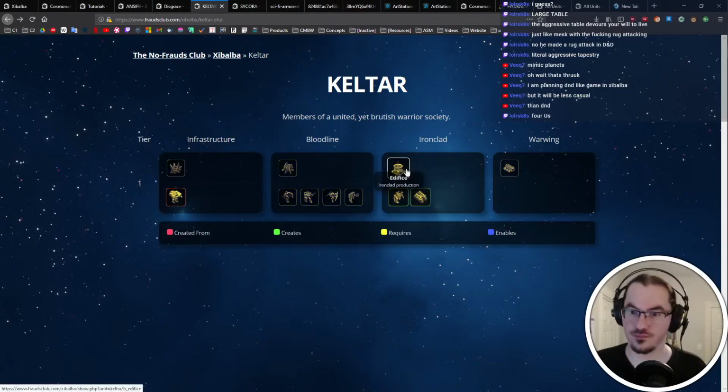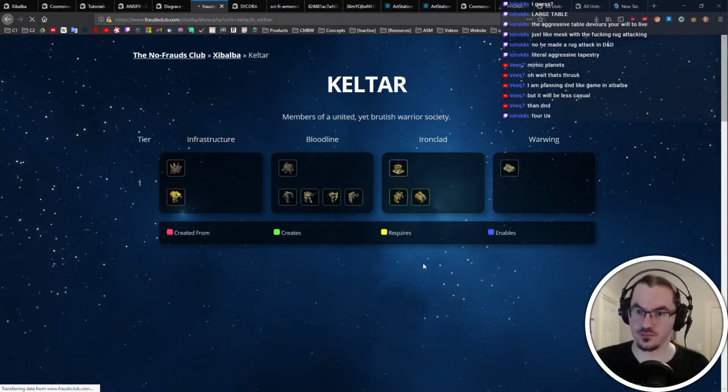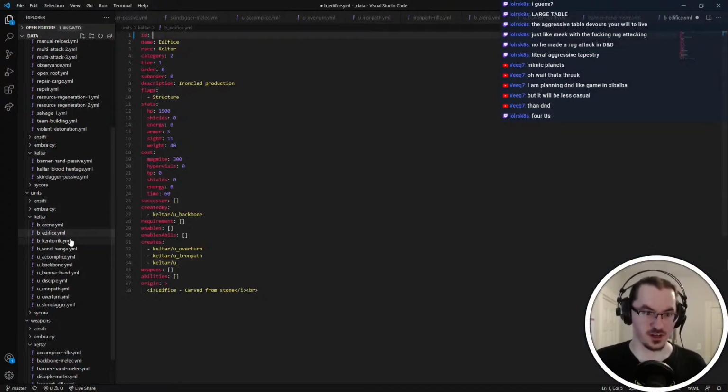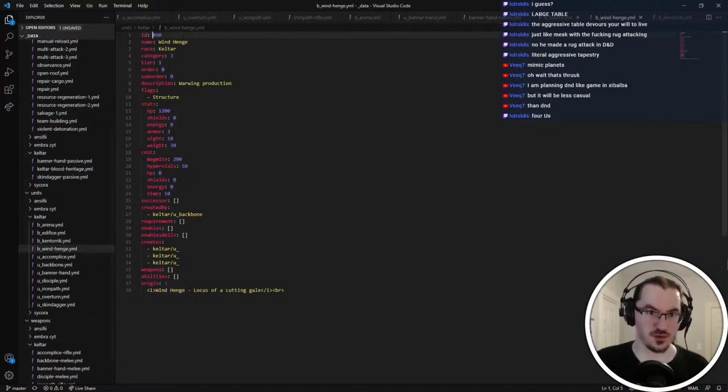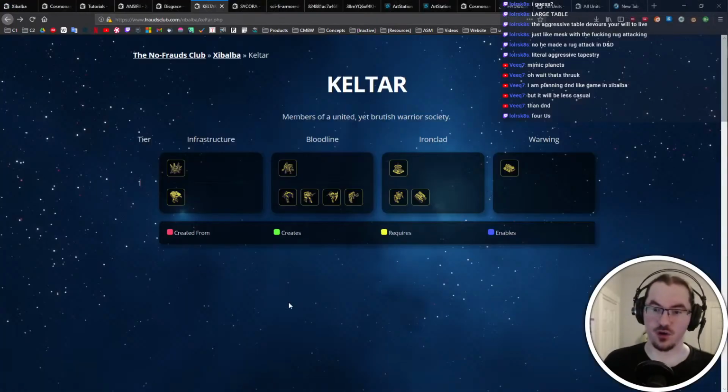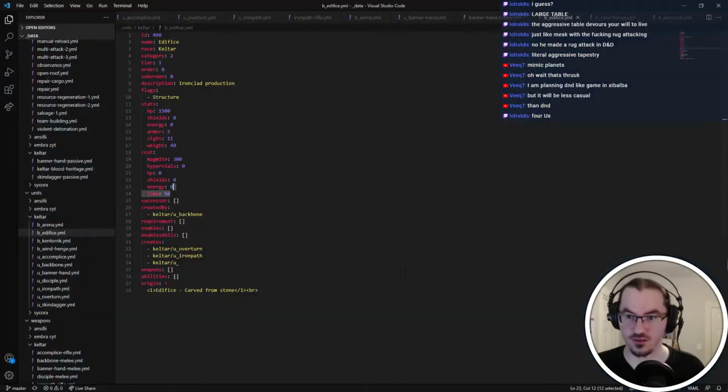Okay. I guess the other thing that I owned myself with was I put the wrong icon on the wrong thing. So this is supposed to be the wind henge, and that's supposed to be the edifice. So, prank. I am known to prank myself sometimes.